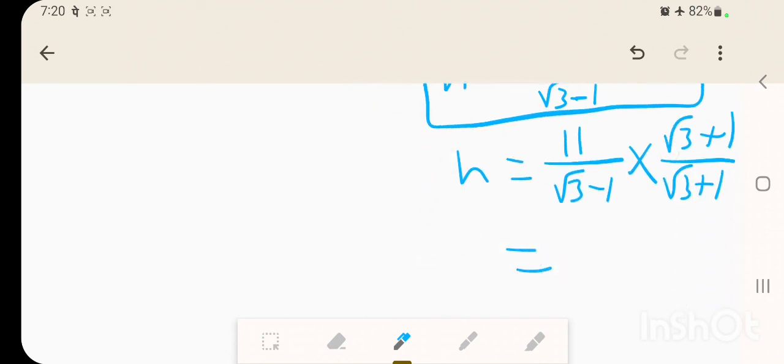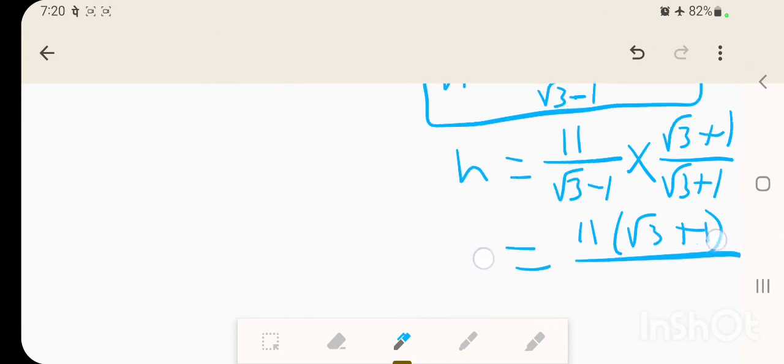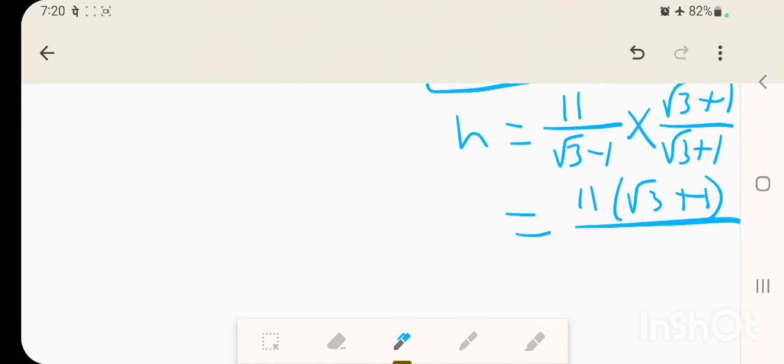Or you can keep it as 11 by root 3 minus 1 also. Only if you have time to solve in the exam do you have to do this; otherwise you can leave it as 11 by root 3 minus 1.